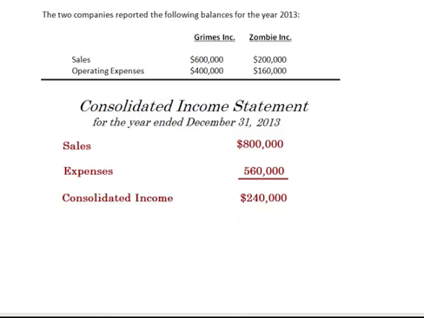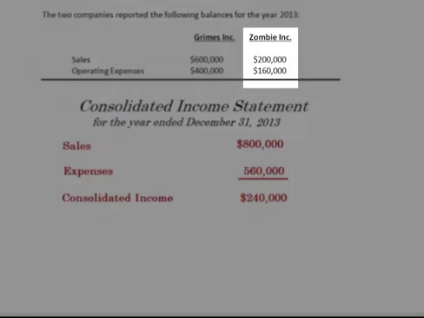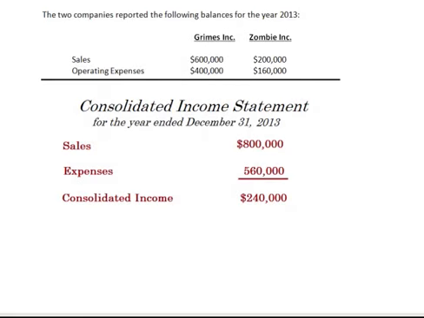The shareholders of Zombie only own stock in Zombie. They don't own a single share of Grimes. So none of Grimes' income belongs to those other shareholders. Only 20% of whatever Zombie has as income. So if you look just at Zombie, you can see it had income of 40,000. So you've got to take 20% of 40,000, giving you 8,000. So 8,000 is what belongs to the non-controlling shareholders.